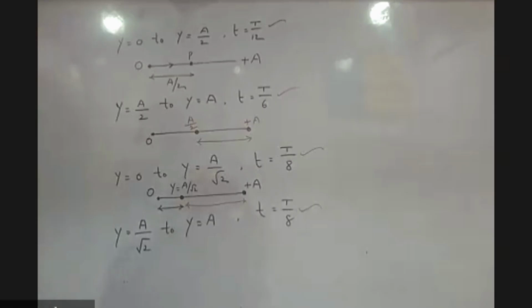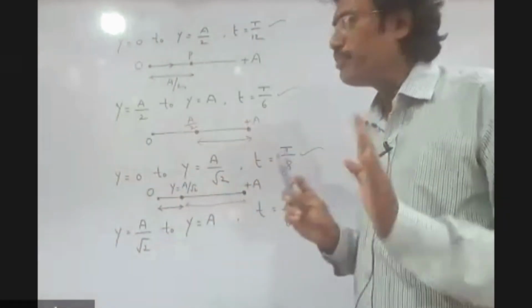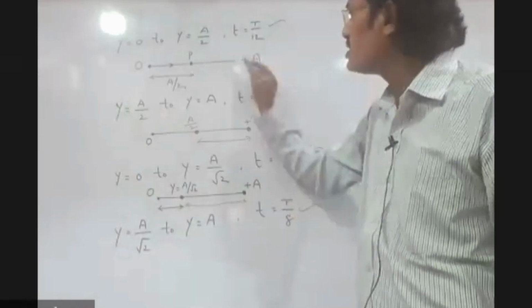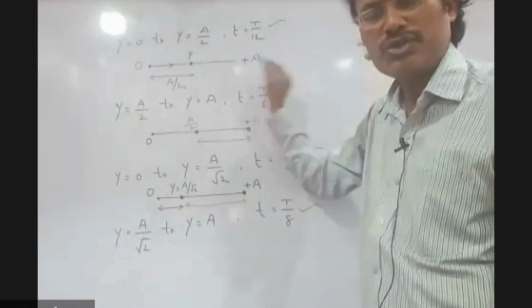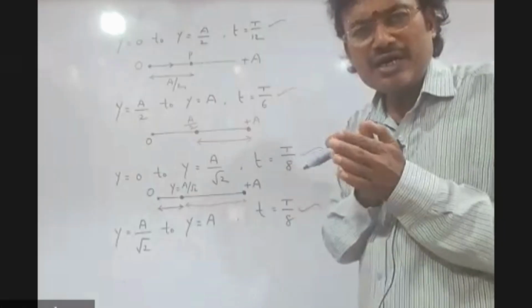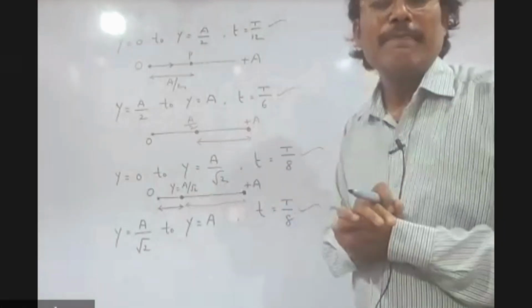Listen, very simple, this topic is. There is no confusion here. You consider this is the mean position and this is one end of the extreme position. Different positions here we are taking.